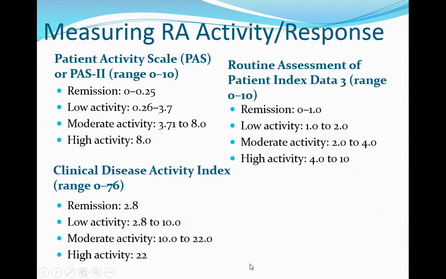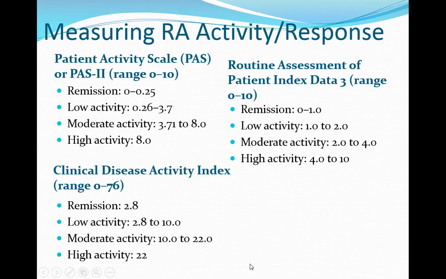And the other one is the Simplified Disease Activity Index, which is not on here. The Clinical Disease Activity Index is a similar type to the Simplified Disease Activity Index.